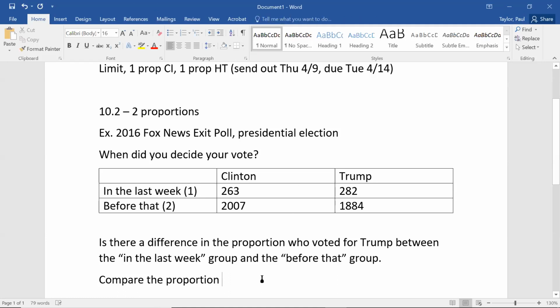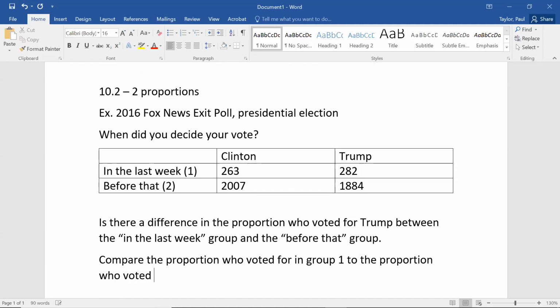So we want to compare the proportion who voted for Trump in group 1 to the proportion who voted for Trump in group 2.